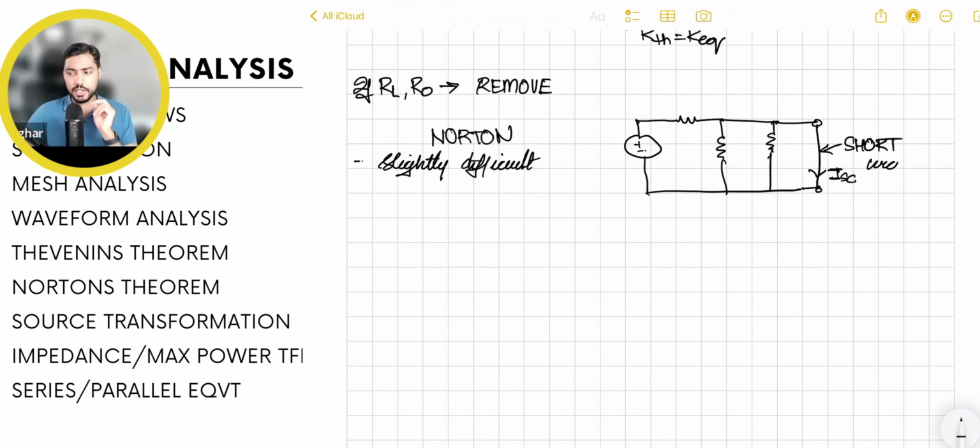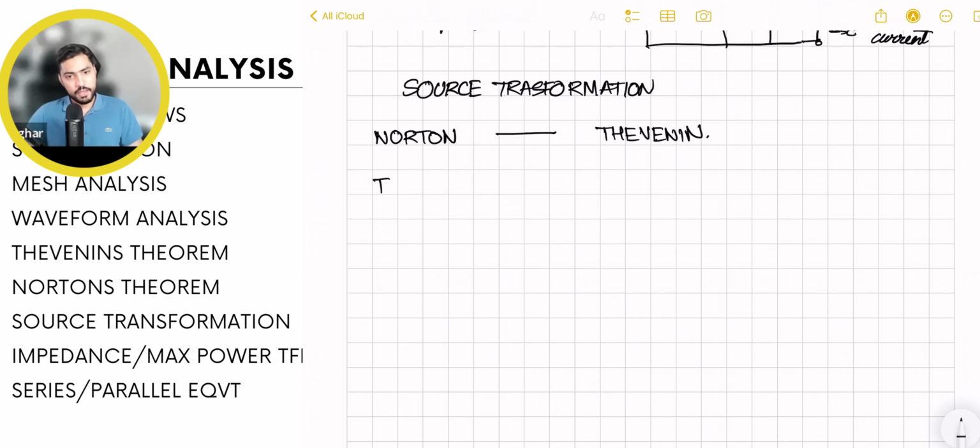Source transformation is mentioned in the reference handbook. So if I want to calculate the source transformed equivalent circuit for my Norton, the ISC value is simply going to be the V Thevenin that you see over there, divided by the R equivalent. And this R equivalent that is in series with the V Thevenin, I'm going to put in parallel.